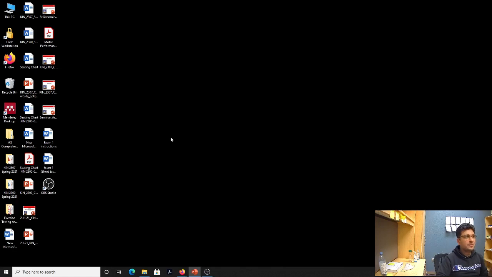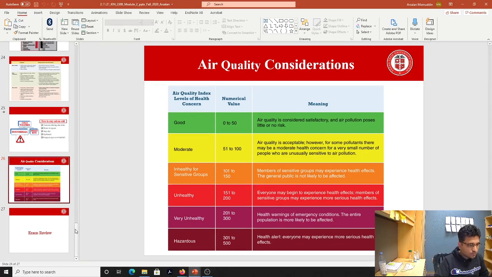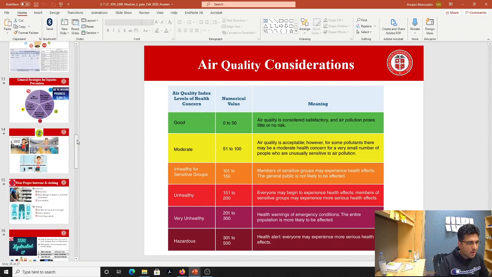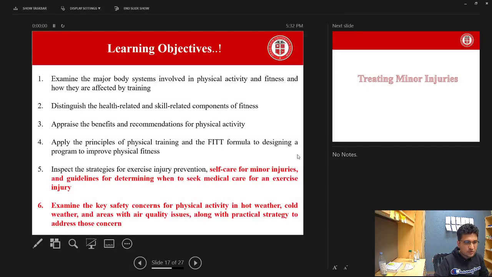Alright, so that was about the FIT program and designing an exercise program, and some of the potential sources to avoid injuries. Now, for the second half of our discussion, I'm looking to talk about, let's see, the last two objectives.